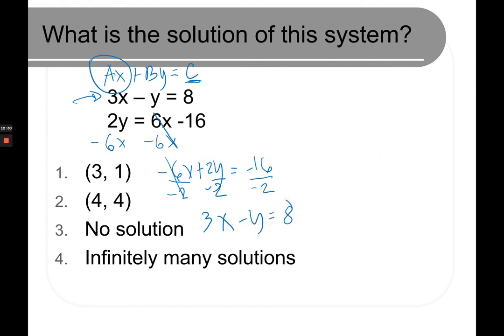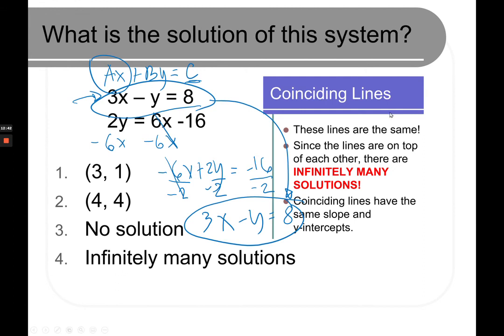What do you notice? Do you remember one case of the 3 possibilities? These are actually the same lines. Same equation, same lines.